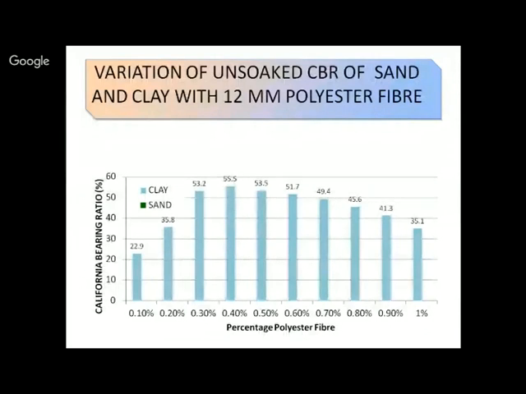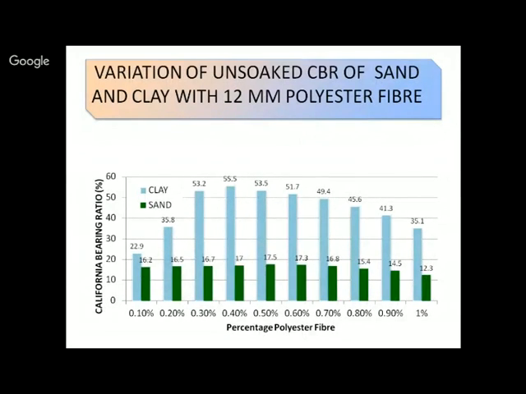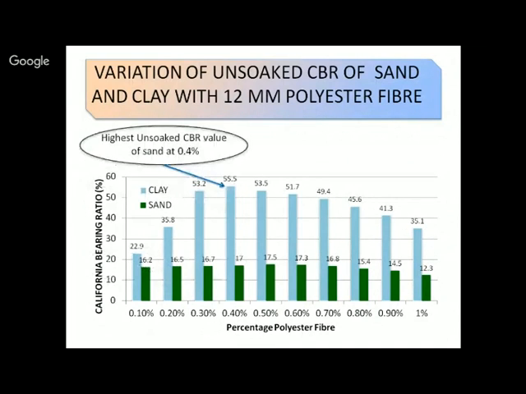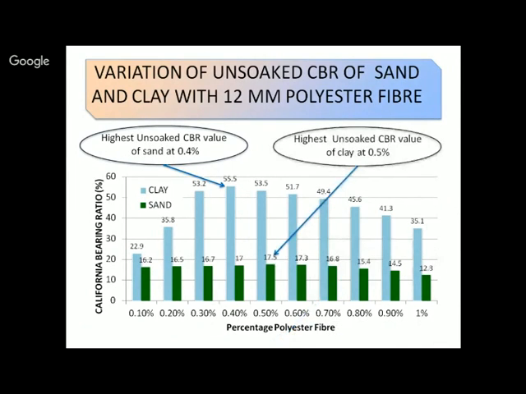This is a variation of unsoaked CBR. As you can see, the values are higher for unsoaked than for soaked. In this, 55.5% CBR was achieved for sand in unsoaked conditions, and 17.5% CBR was achieved by adding 0.5% fiber in clay.